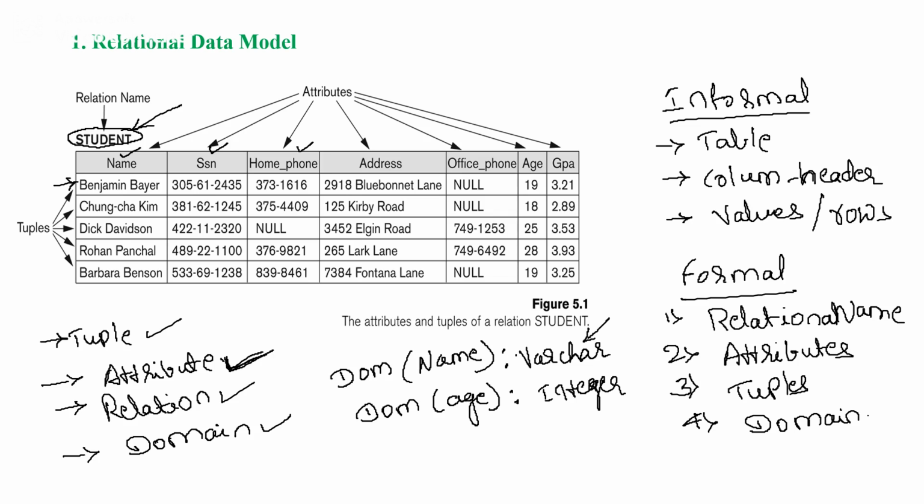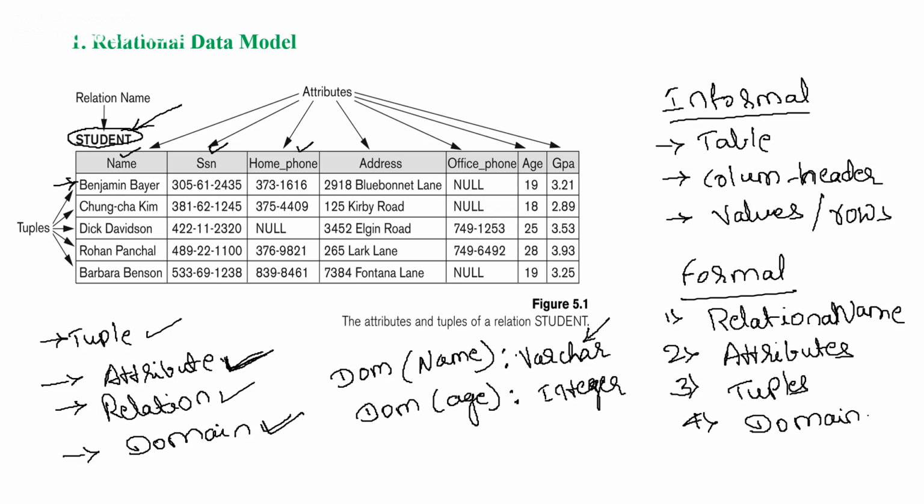So like that, whether the value is correct based on this domain attribute definition will depend on this logical definition. If it is a variable character type or integer type or character type or date, what type of data type it is, whether it is a valid data type or invalid data type, that gives a clear picture of the domain.